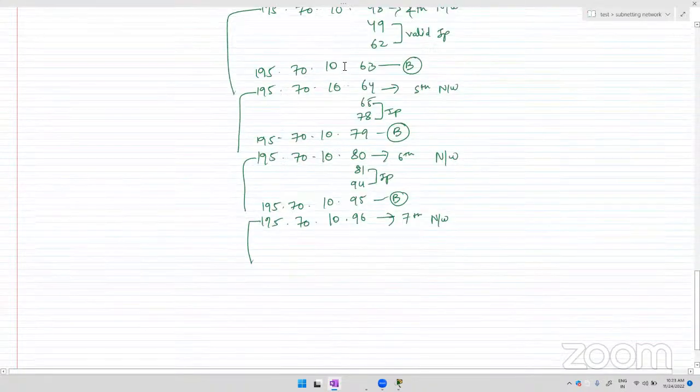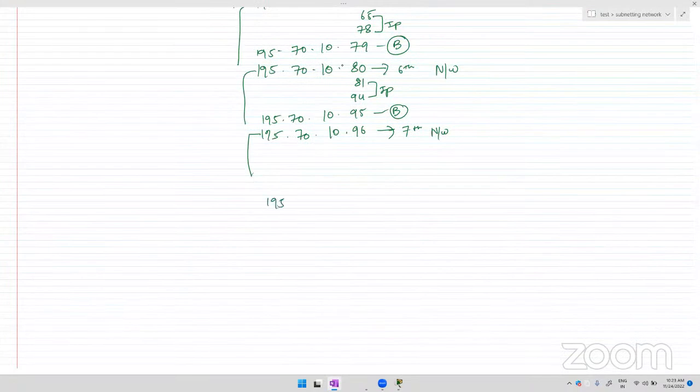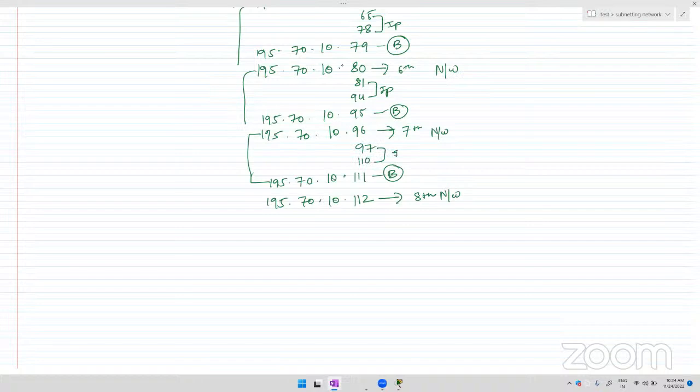One more. 195.70.10.96 plus 16, how many? 112. It's my eighth network. And broadcast for the seventh network, anyone know? 111. Very good. Valid IP 97 to 110.